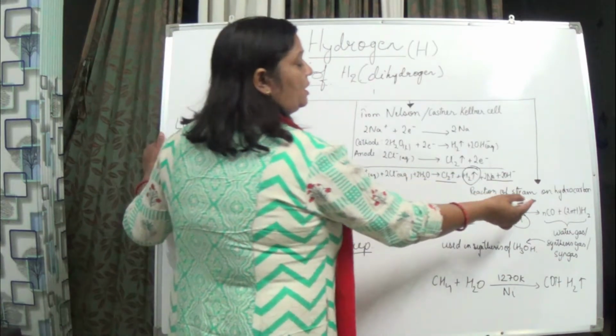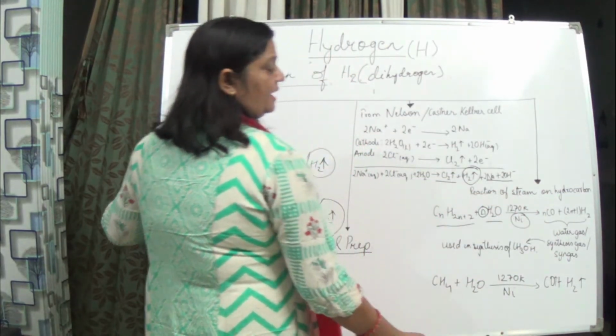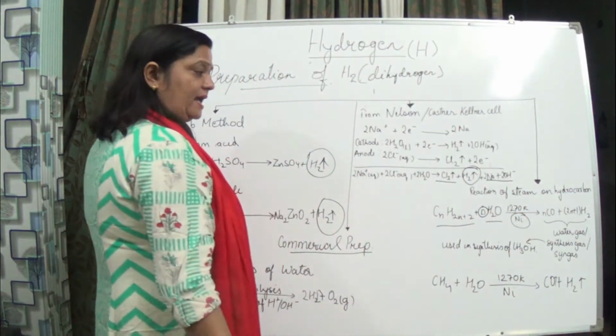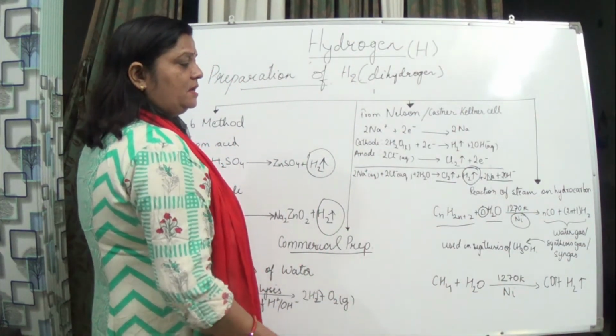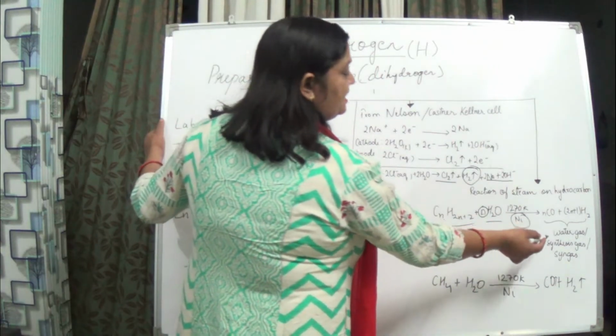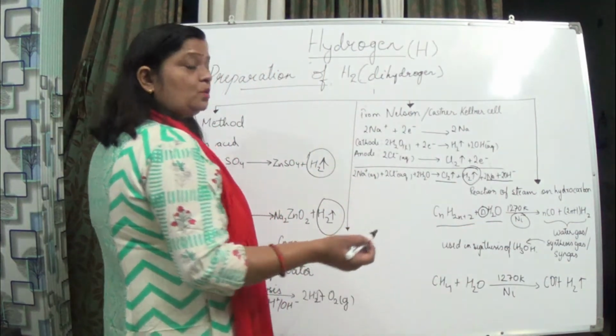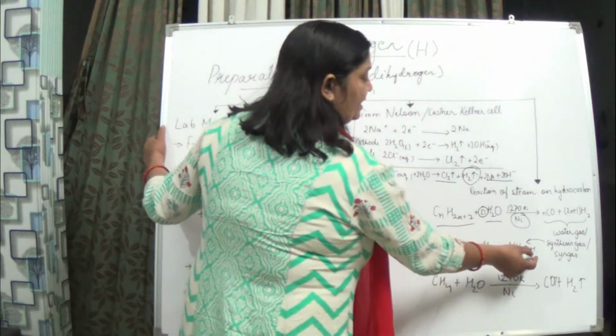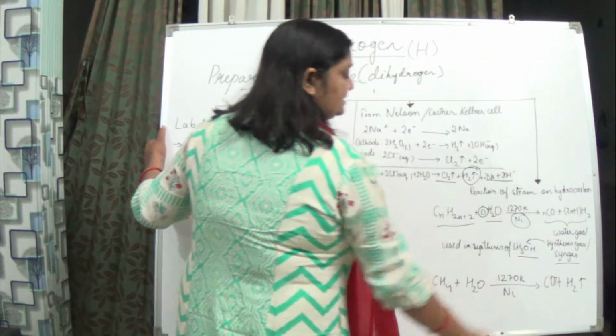So we get what? A carbon monoxide plus hydrogen mixture known as what? Water gas. This water gas is also known as synthesis gas. Why? Because it is used in the synthesis of methanol, that is CH3OH, and it is also known as syngas.